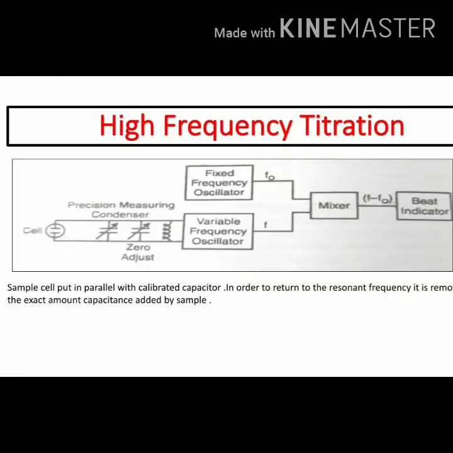The schematic diagram of the high frequency titration is as in the figure. The sample cell is put parallel to the calibrated capacitor. In the diagram, we see two fixed frequency oscillators.